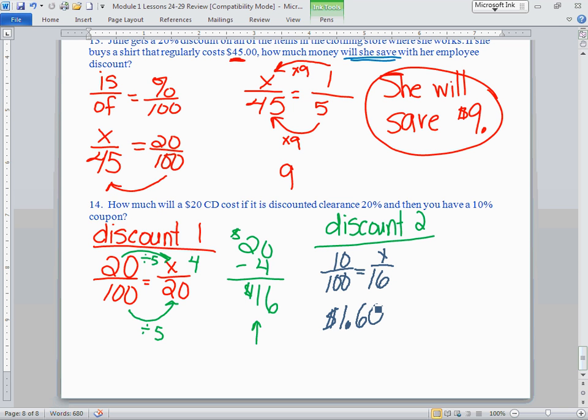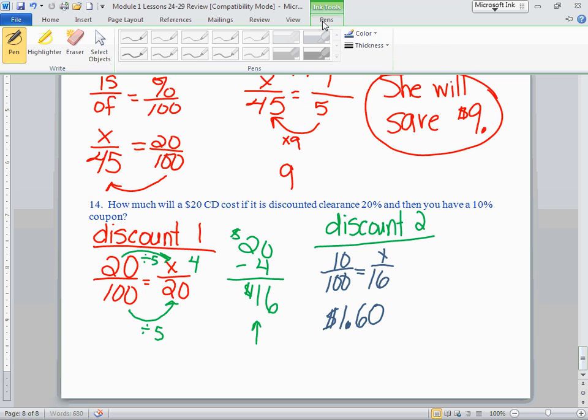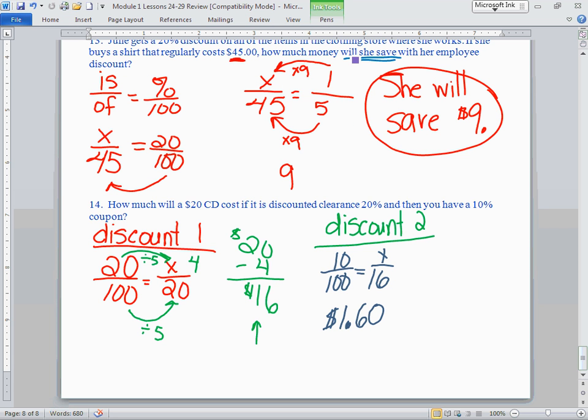So to find the new price, it was $16 after the clearance, minus $1.60 for my coupon.